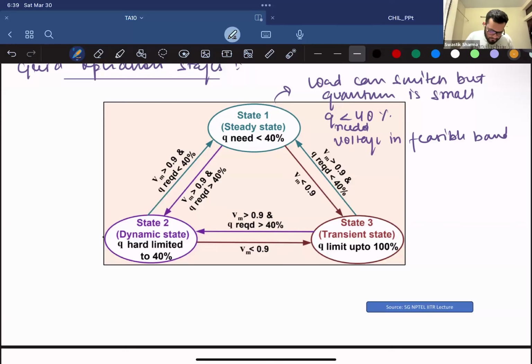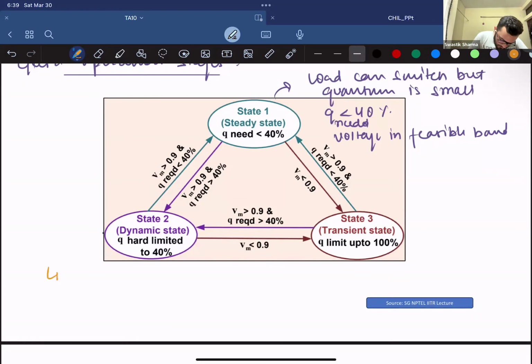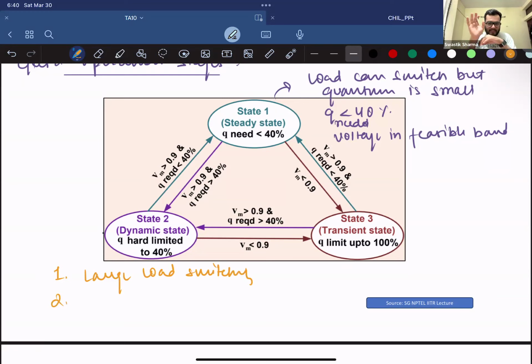Now, let's say your VM is greater than 0.9. Your voltage is in band, but your required Q is greater than 40%. That means you need more reactive power to still maintain that voltage. Basically, this is when large load switching is there, so the quantum of switching is large. Since your voltage is still in band, you don't have to supply more reactive power. Why?